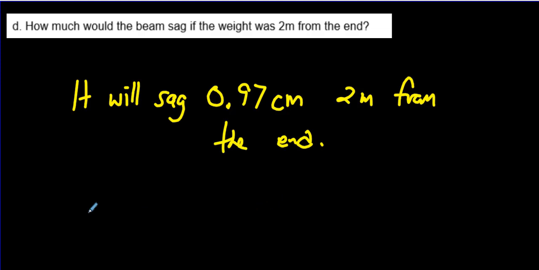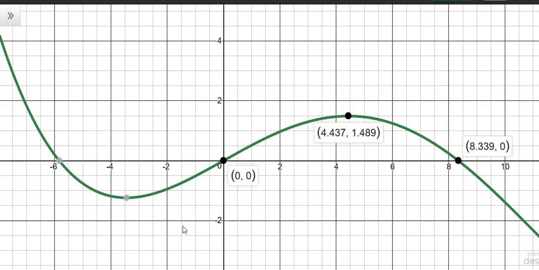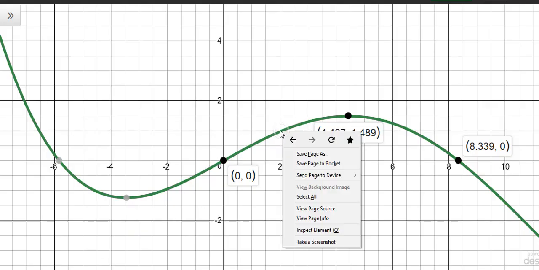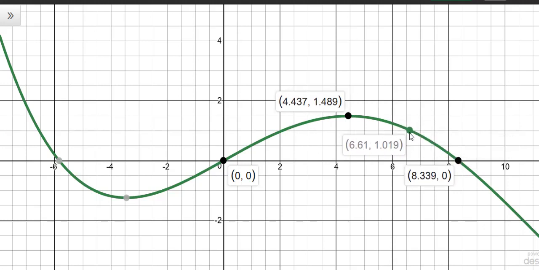Obviously, neatness is not important here. Is there another distance from the end that would give you the exact same answer as you got for 2 meters? If so, what would that distance be? Remember, it was this exact spot here. 0.97. So let's go across until we see 0.97 again. We're getting really close here.